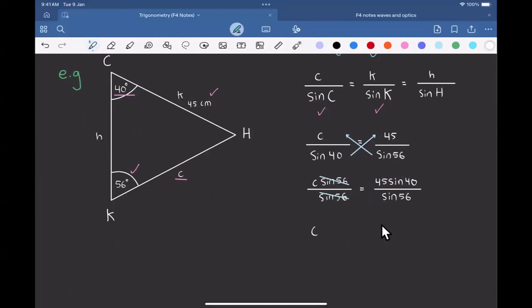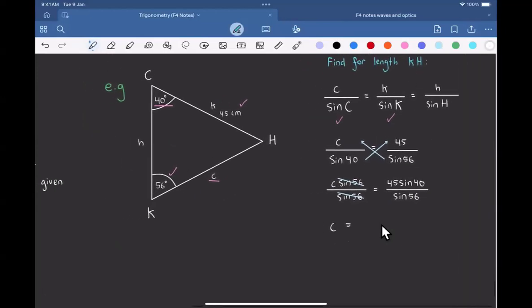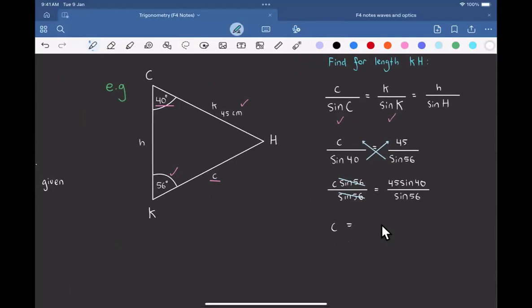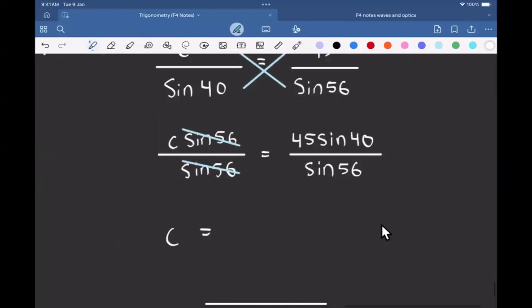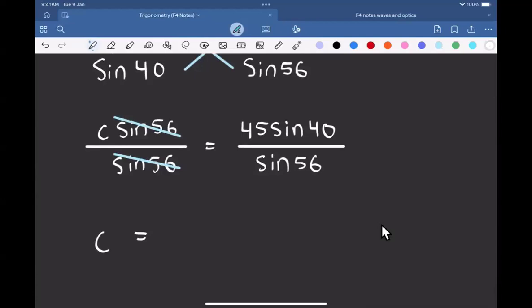All right. So somebody tell me, what is 45 sine 40 over sine 56? Come on, guys. Easy thing, if you have a Casio, that is. 34.89.